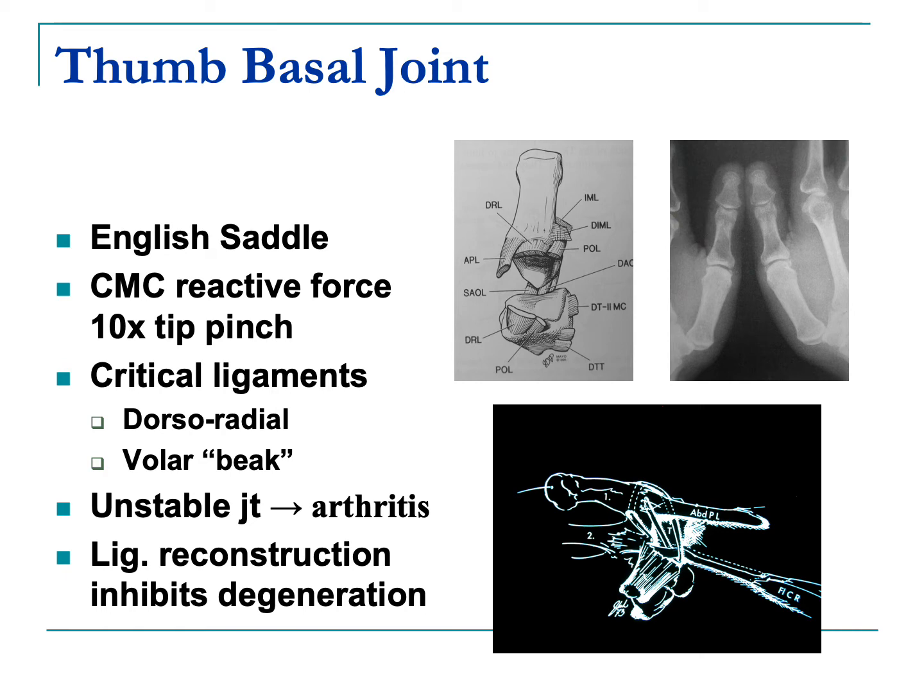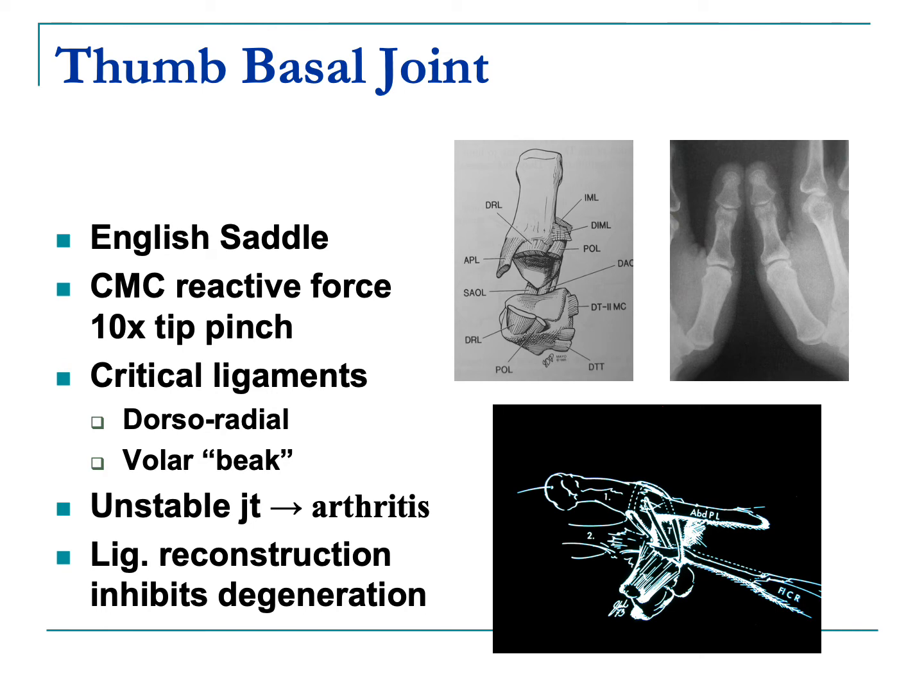There appears to be some evidence that in those patients who have instability of the basal joint, correction of this instability prior to the development of arthritis will be a preventative operation.